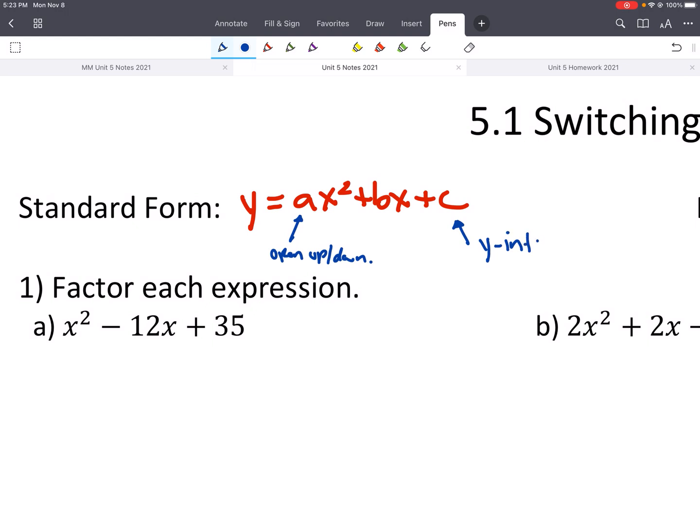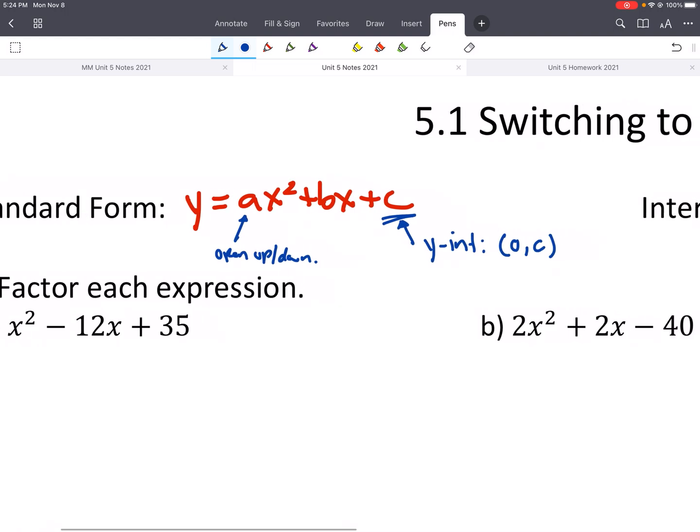In the past, if we wanted to find the Y-intercept, we plugged in 0 for X. And if you did that here, A times 0 squared would cancel, and B times 0 would cancel, and we would end up getting 0, C. So whatever C is, that is the Y value for our Y-intercept. So that's kind of nice.